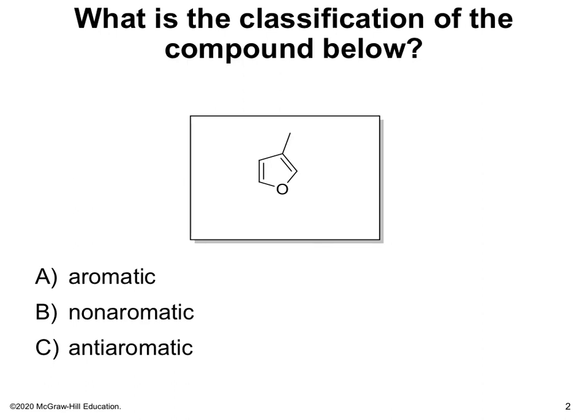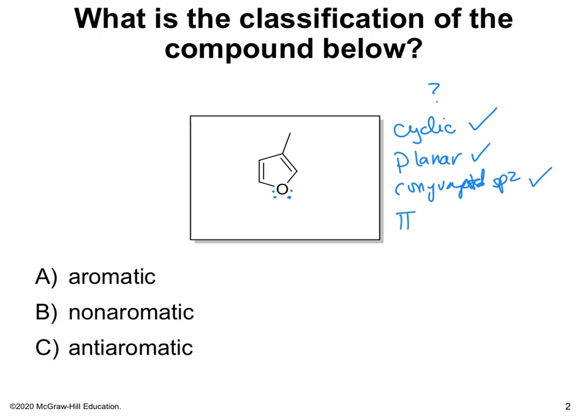What is the classification of this compound? So whenever you see the heteroatoms, you need to put in your lone pairs. And then you ask, is this cyclic? Yes. Is it planar? Yes. Is it fully conjugated? So is everything sp2? Yes. Then you do your pi electrons. If it's 4n plus 2, it's aromatic. If it's 4n, it's going to be anti-aromatic.